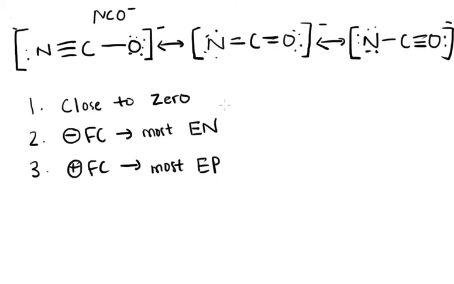There are 3 rules to state which one's more stable. The first rule is that all the formal charges have to be as close to 0 as possible. The second rule is that the most negative formal charge should correspond with the most electronegative atom. In this case, that's oxygen.